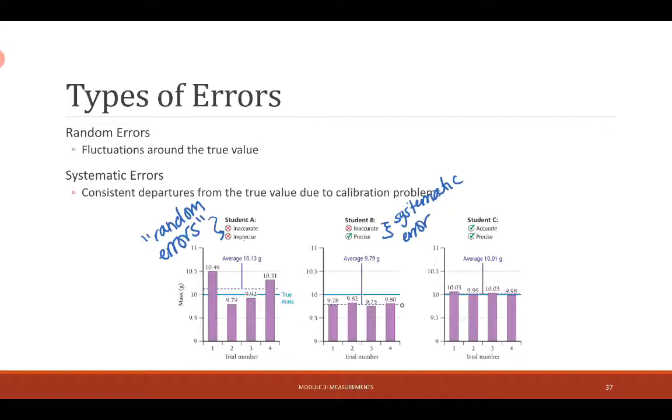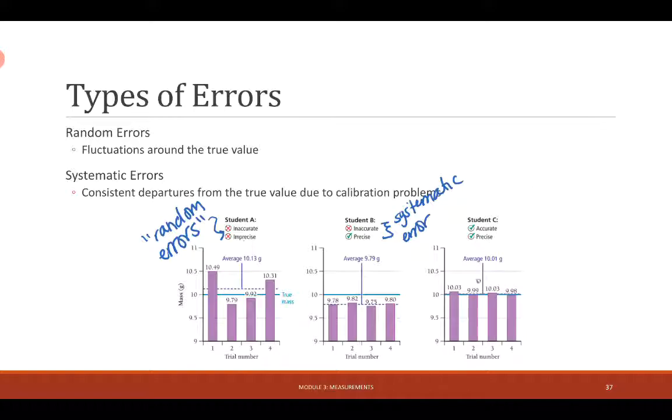That indicates that this balance was just offset from the true value and needs to be recalibrated. Systematic errors can be difficult to detect if you are not calibrating your equipment on a regular basis, because all of your measurements will be close together. They just won't match up to the true value. And so unless you record what the true value is, you won't realize that something's wrong.